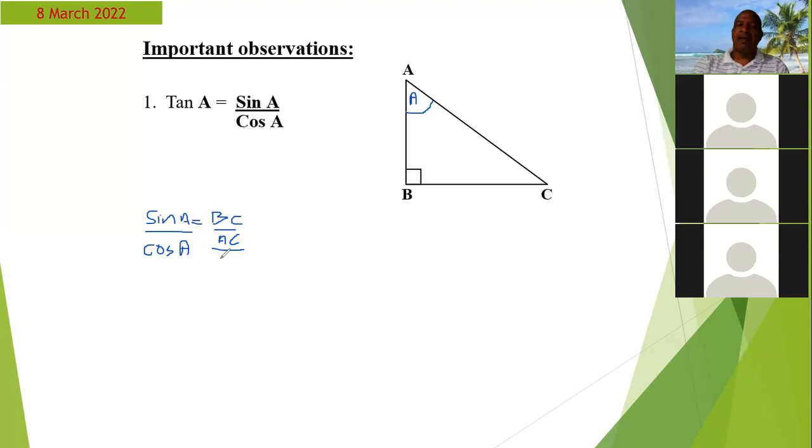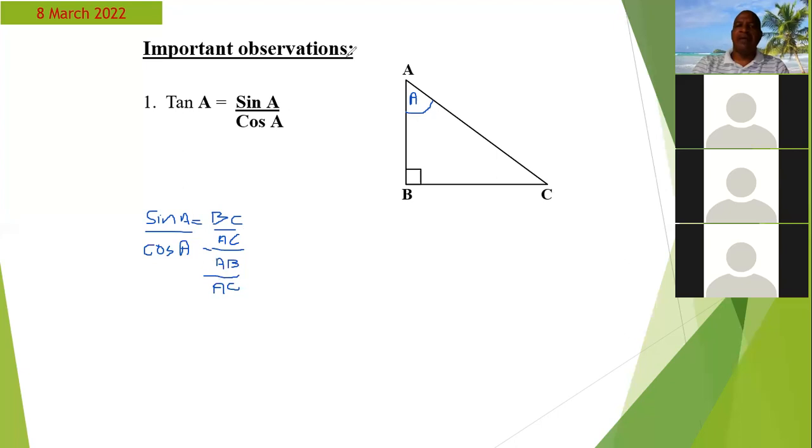So now we would have what? What is the cosine of A? AB over AC, sir. Over AC. All right, and as we can see here, this is a division bar.